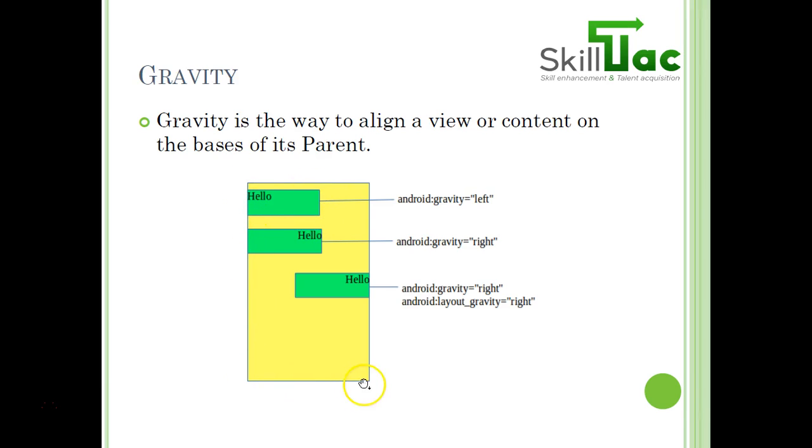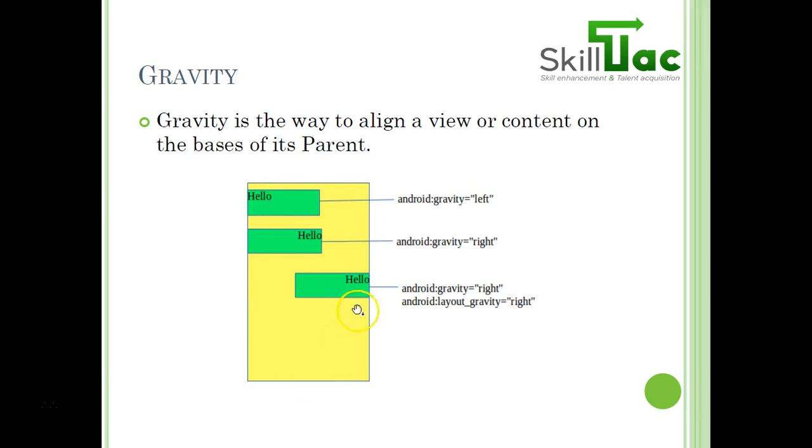By default in XML, any view is actually aligned as top left by default. So for that case, it doesn't really matter if you define gravity or not, because the default value is taken as top left only.